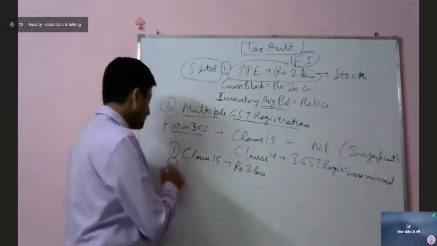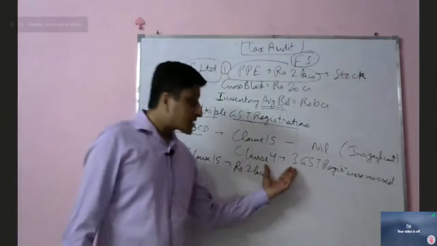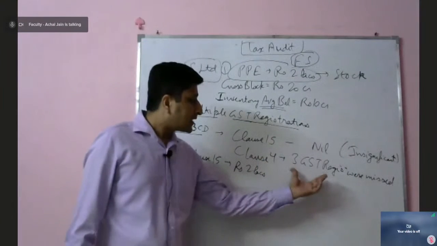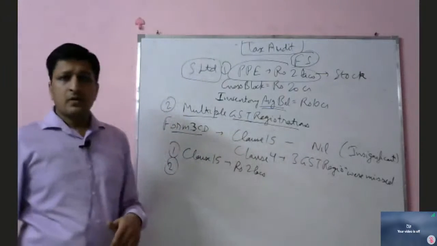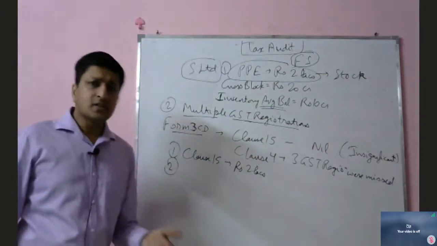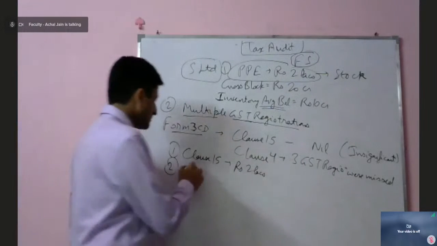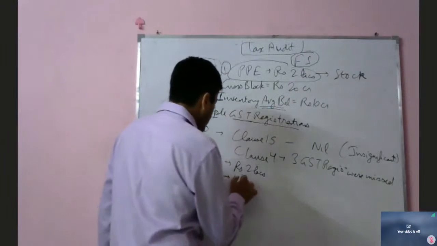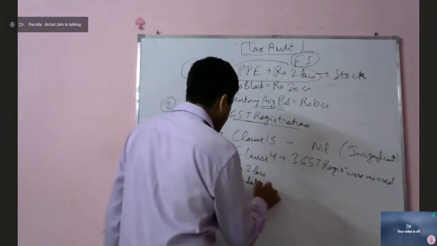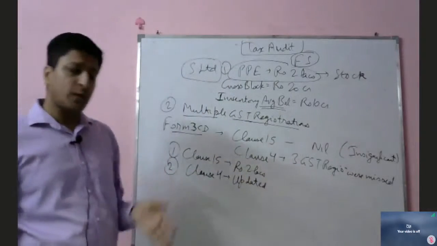Number 2, during the course of his audit, the tax auditor found that 3 GST registrations were missed, which he discussed with the management, and the management updated clause number 4. Updated means all the missing GST registrations were included.